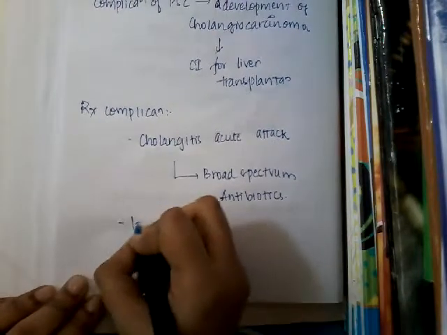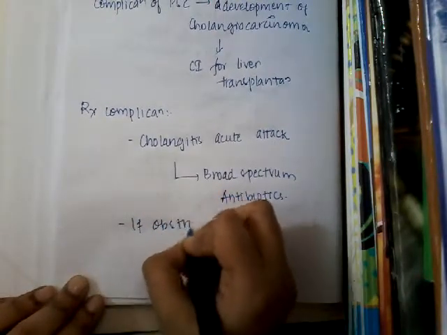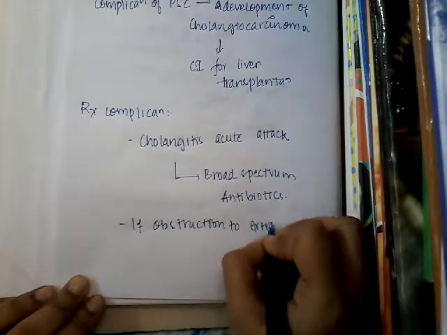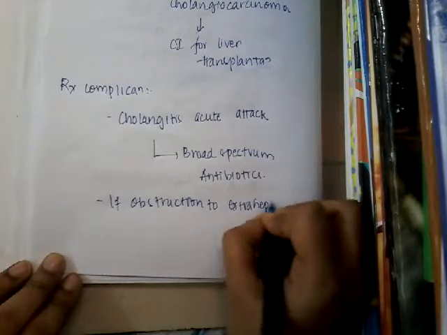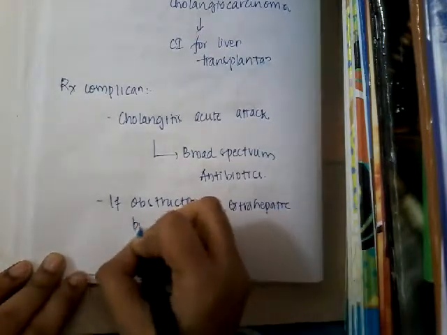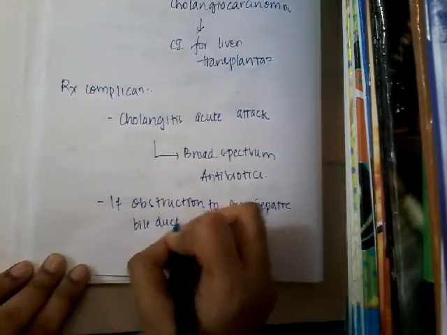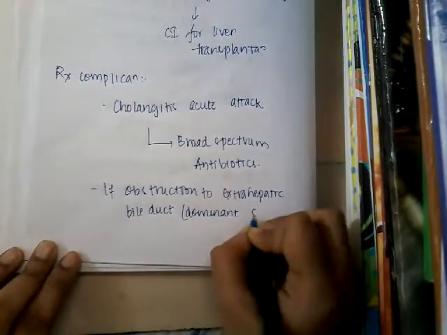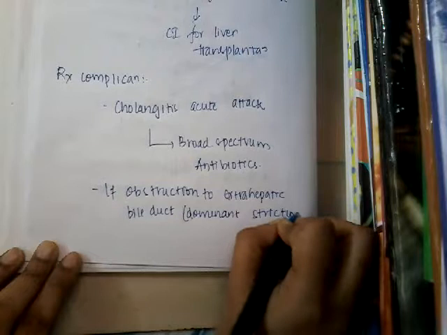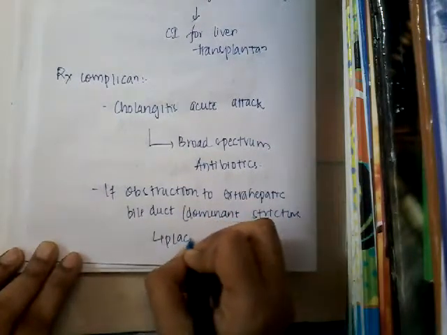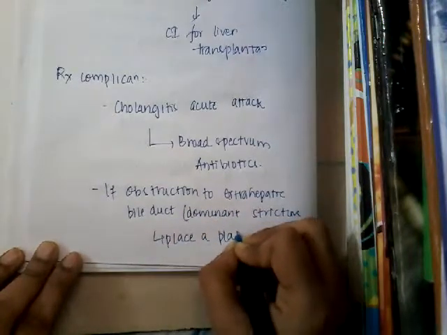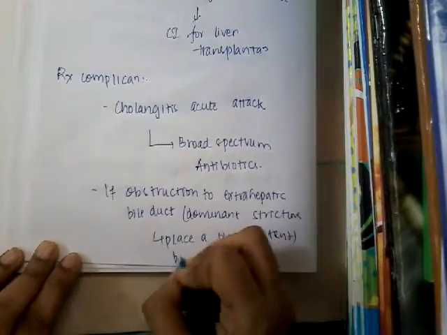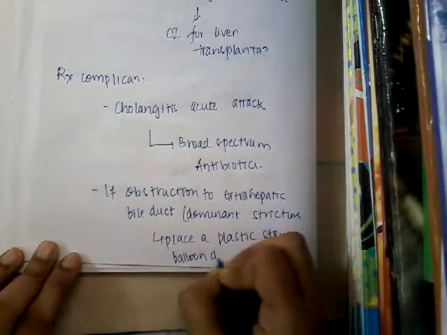And then if there is obstruction to the extrahepatic bile duct, that is a dominant stricture, in such cases you will have to place a plastic stent or balloon dilatation can be done.